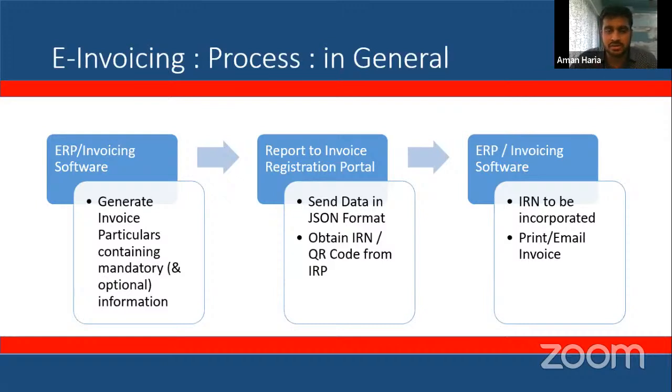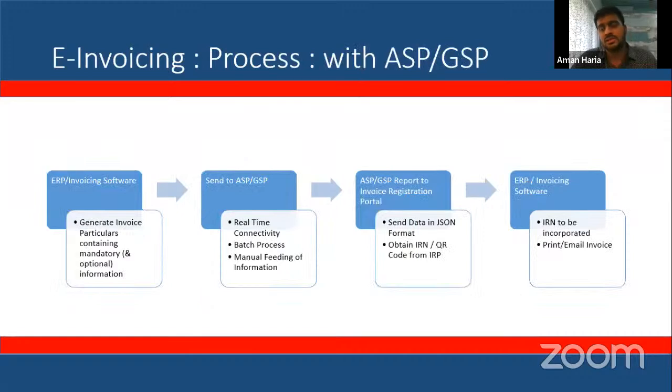So what is the second option? The second option is to take help of an ASP or GSP, that is, application service providers and GST Suvidha providers. They provide integration with your existing invoicing software or ERP.